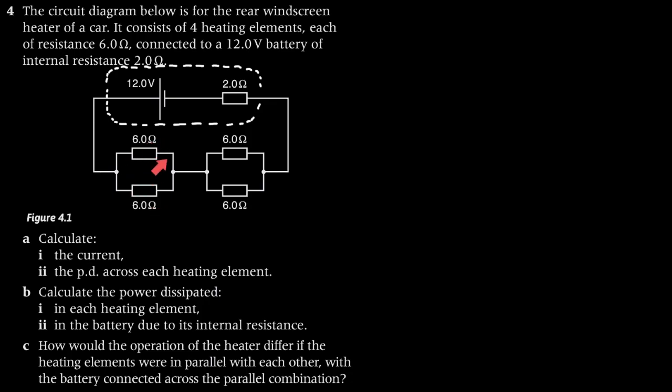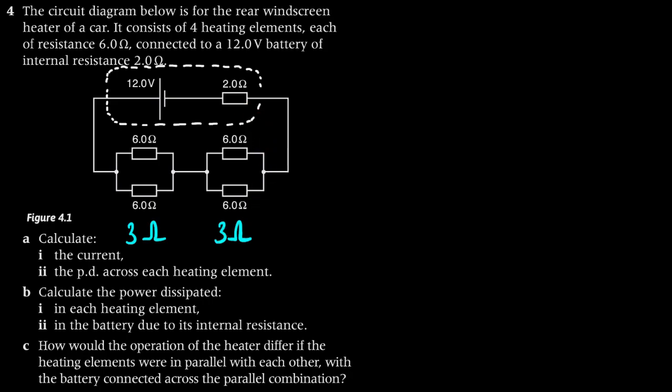So if you have two 6 ohm resistors in parallel, the resistance would be 6 upon 2, so it becomes half of its value. And similarly for this one as well. So you have a 2 ohm resistor, another 3 ohm and another 3 ohm resistor which are in series.